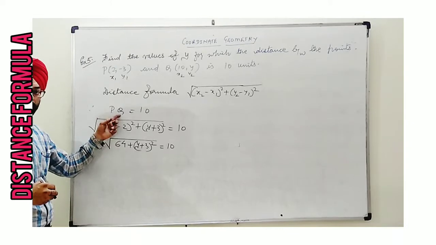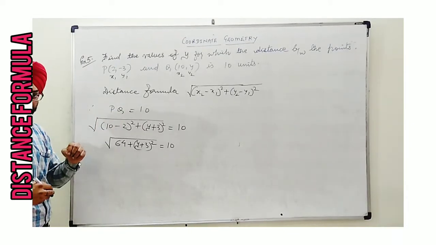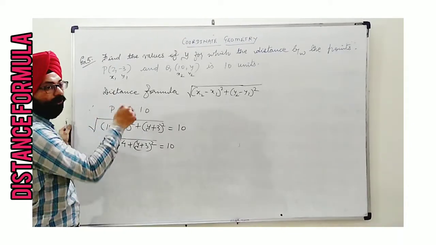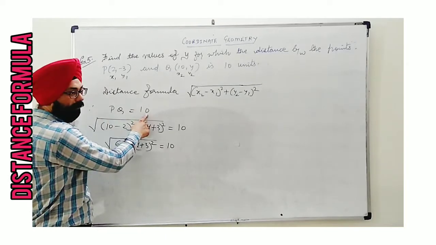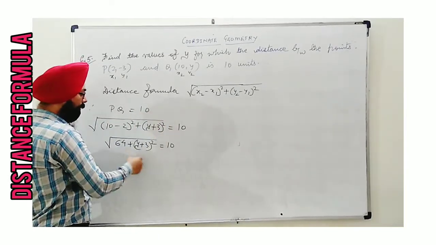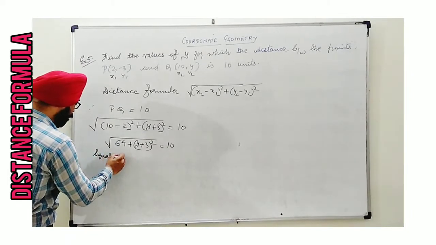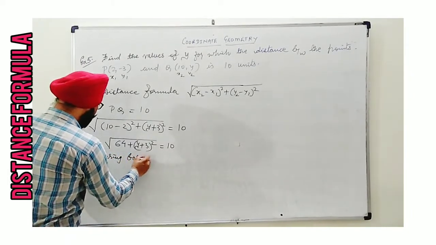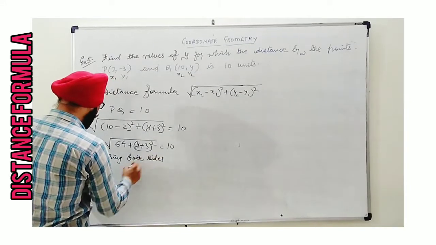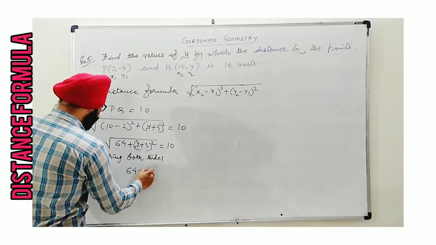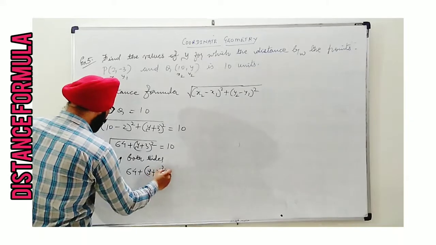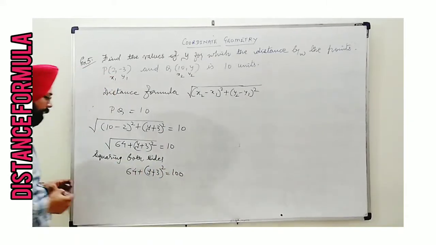One more thing, this square root can be eliminated. In the beginning only this could be done as PQ equal to 10. For sure, PQ square will be 10 square, 100. So here, squaring both sides, no problem. We find 64 plus (y plus 3) whole square equal to 100.